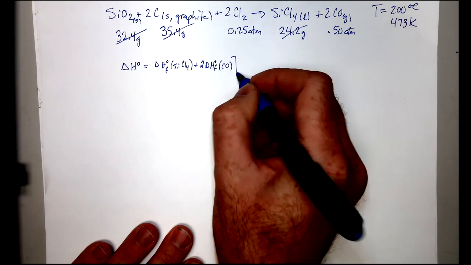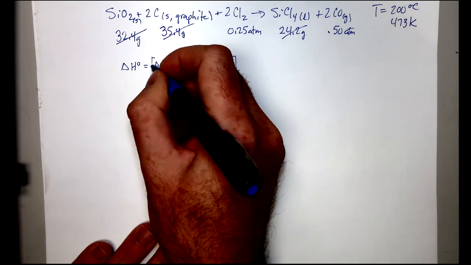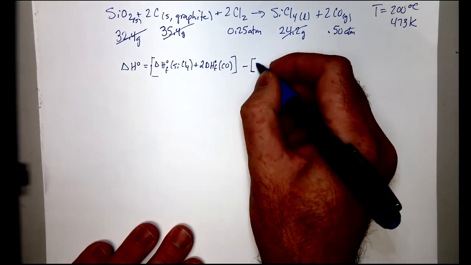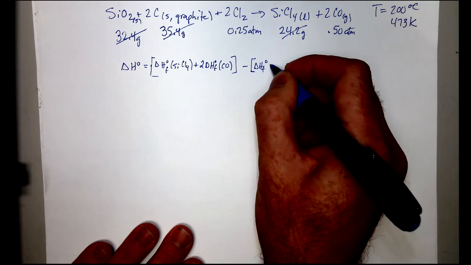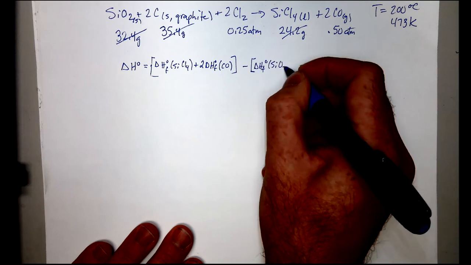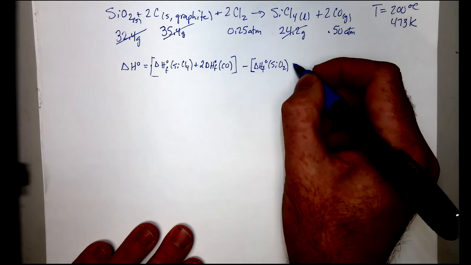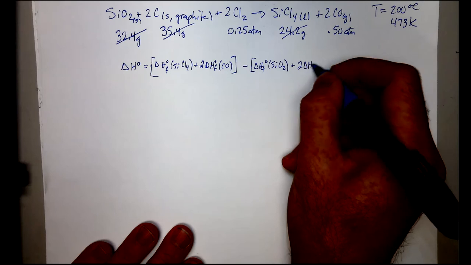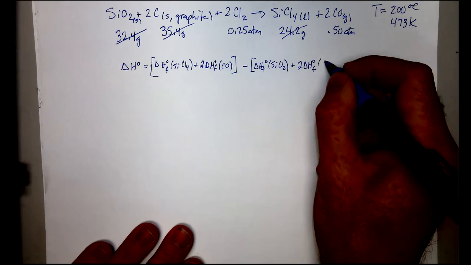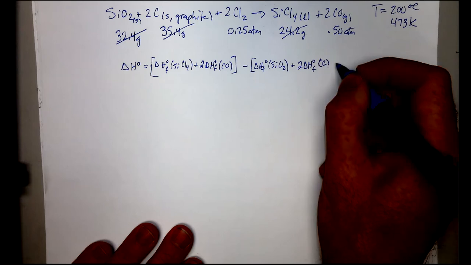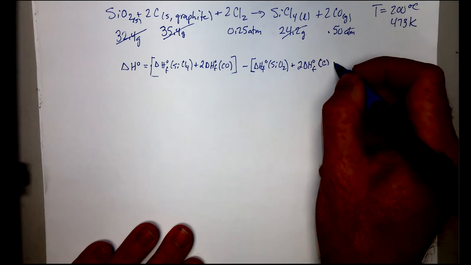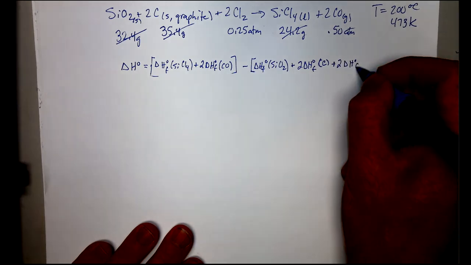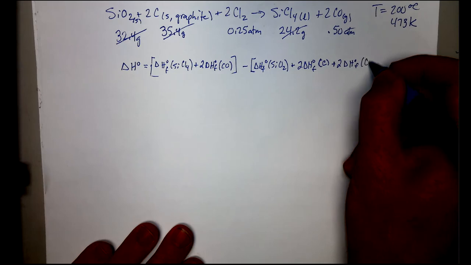That is our product side, and then minus the reactant side: heat of formation standard for the silicon dioxide, plus 2 times the standard heat of formation for carbon in the graphite form, plus 2 times the standard heat of formation for chlorine gas.